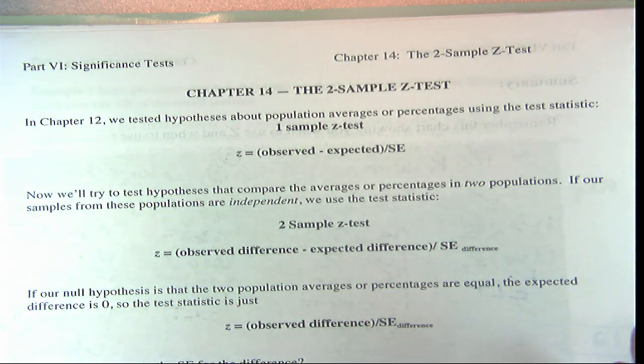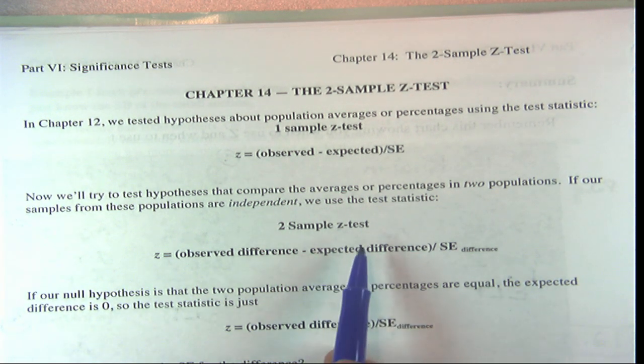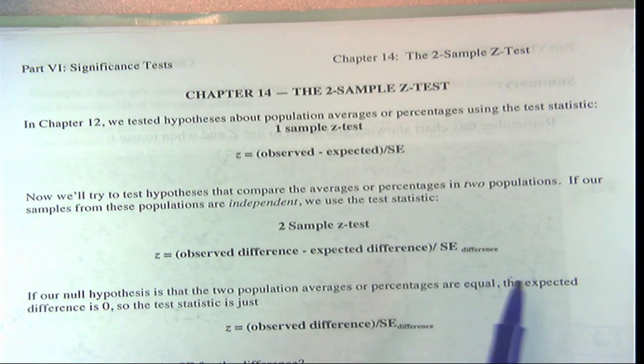Like in your bonus survey, you're going to be looking at the difference between people taking it online and people in person. The more common thing is that you're comparing two samples. So today we're going to look at the two-sample z-test and the two-sample t-test.